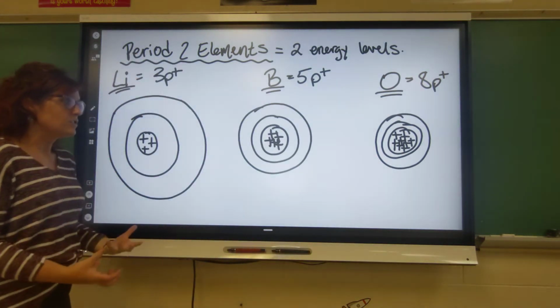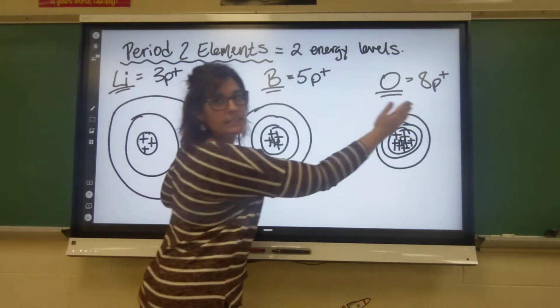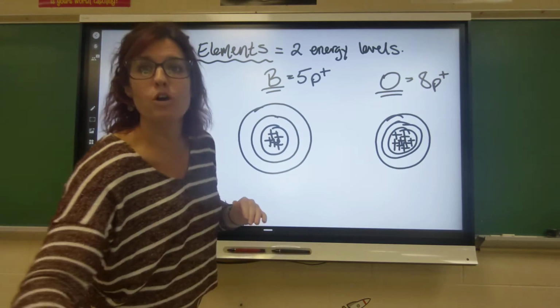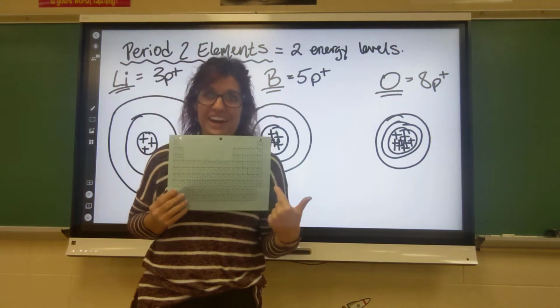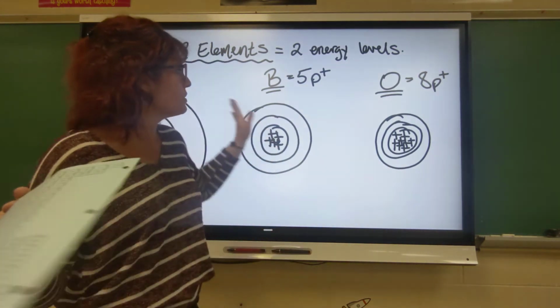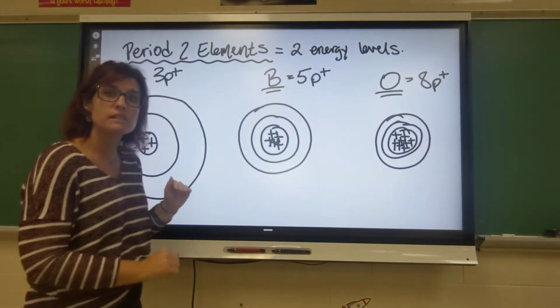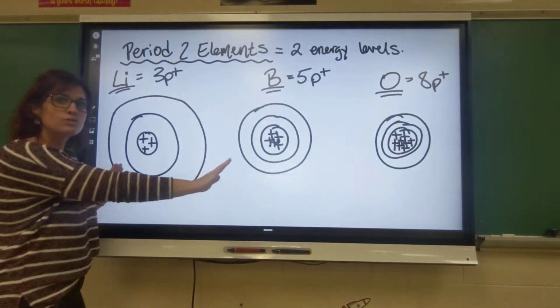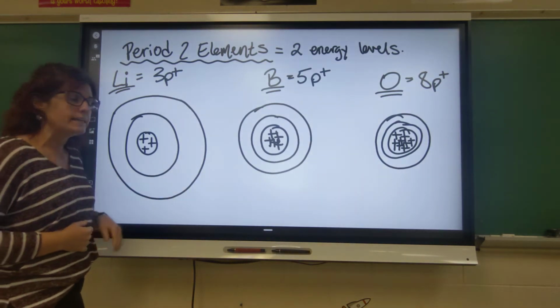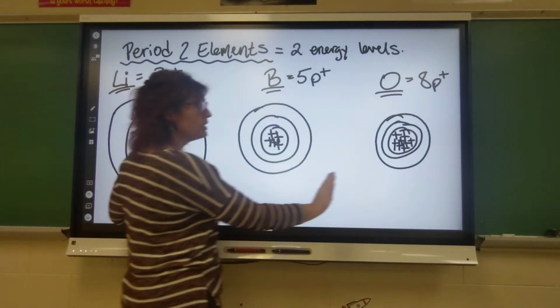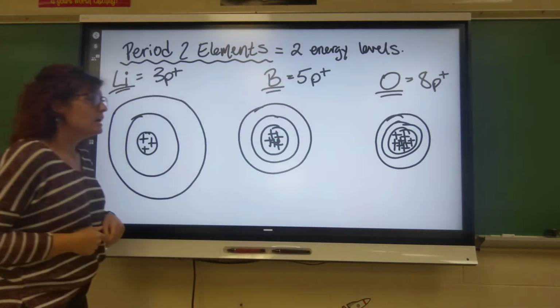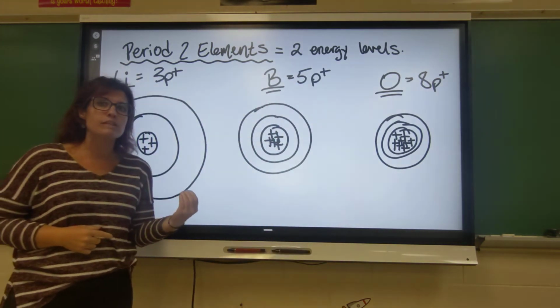But what's changing is the number of protons in the nucleus as you move across a period on the periodic table. So it's the same number of energy levels, but there are more protons in the nucleus. And right away, you should be able to see the trend in size. As we move across a period on the periodic table, atomic radius decreases.